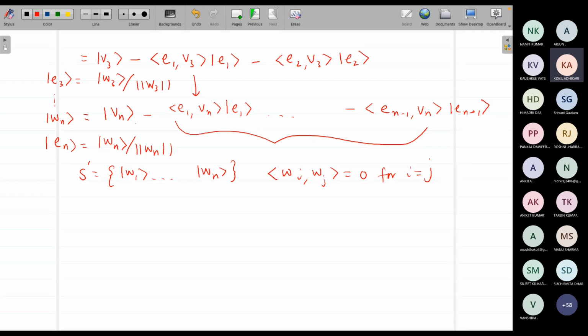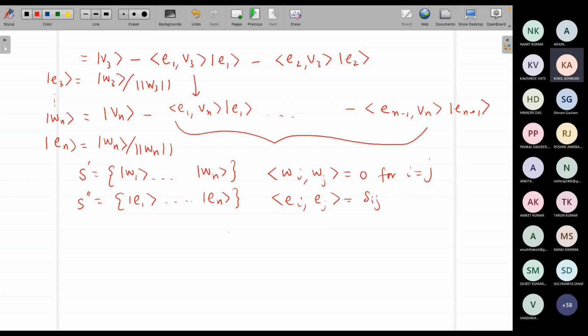But ultimately, you will be able to build a set of orthogonal vectors, or a set of orthonormal vectors, where the inner product of ei and ej is equal to delta ij.